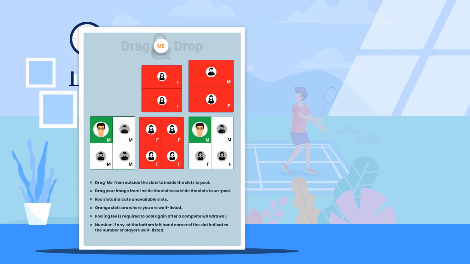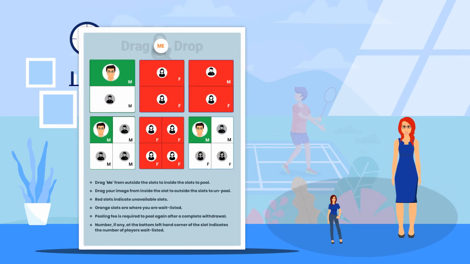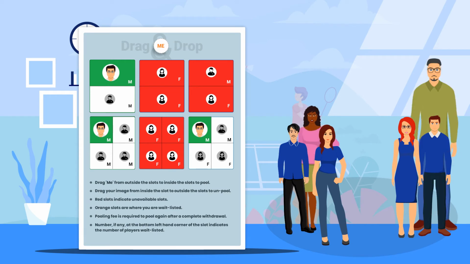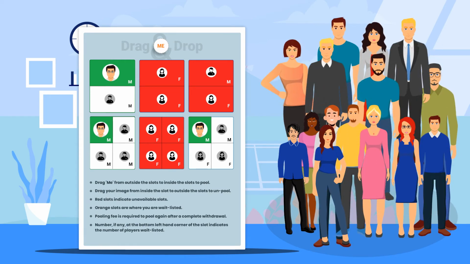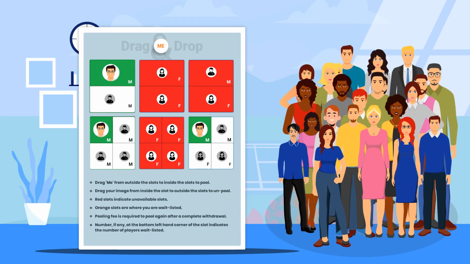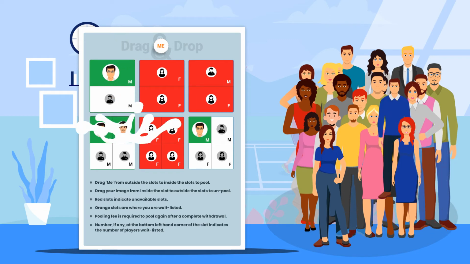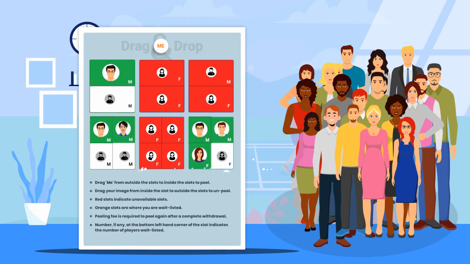In his profile, he has mentioned that he does not want to play mixed singles, and that is why the third box has not been made available in addition to the second and fifth boxes. As you can understand, since John is a male, the female-only singles and female-only double boxes are made unavailable for pooling anyway. Since John's is a private hosting, only his play pals can pool in the session.